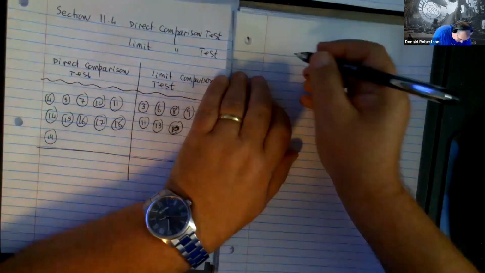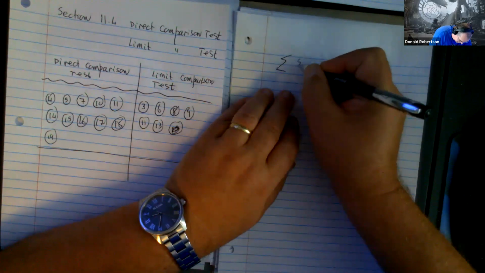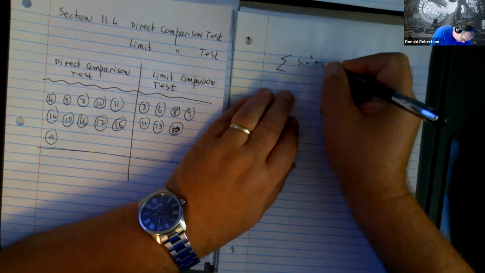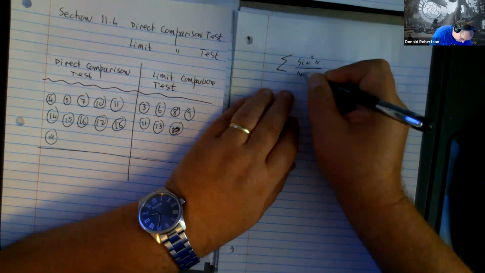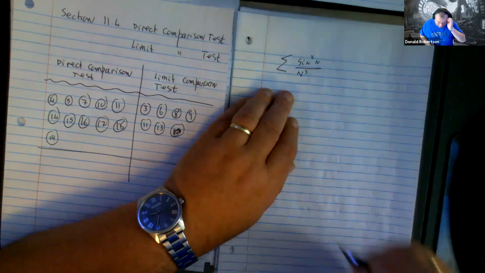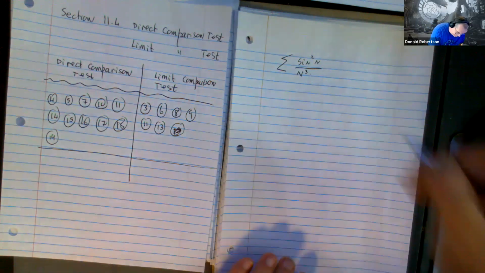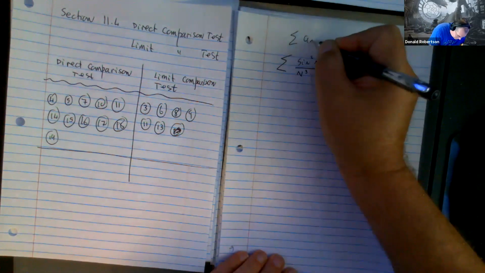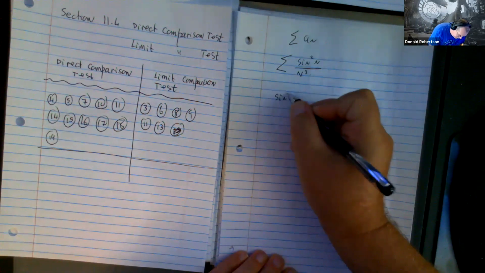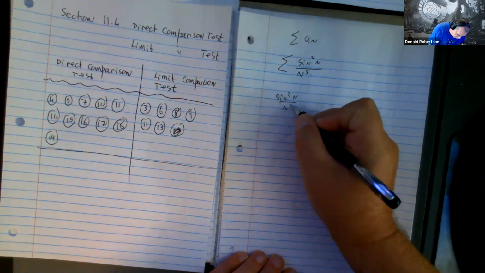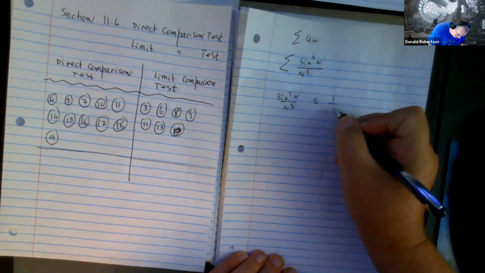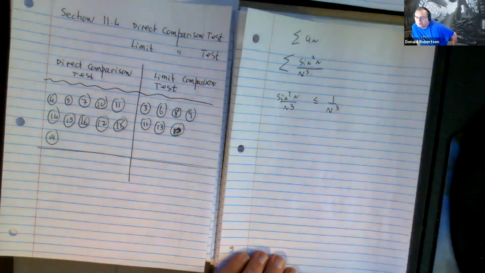Try this guy. Suppose I wanted to do this fella: sine squared n over n cubed. Would you agree that he's less than or equal to 1 over n cubed?